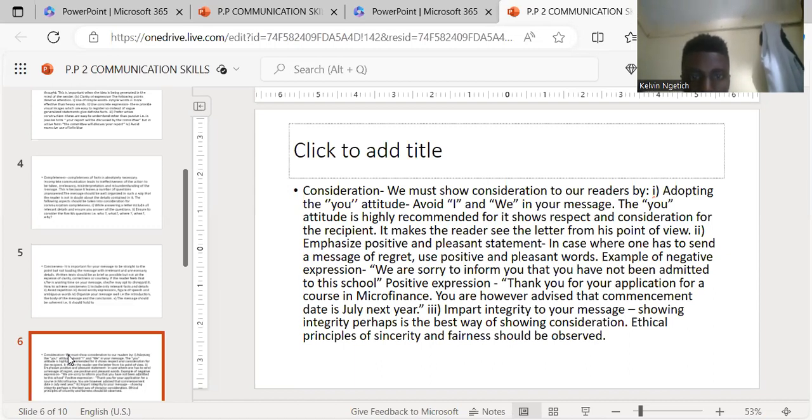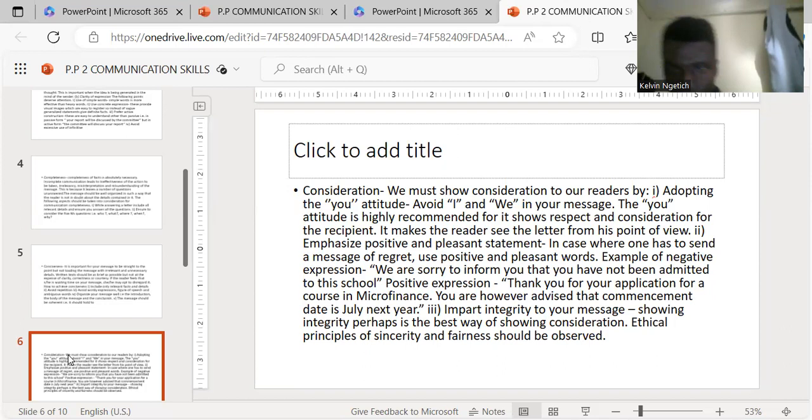Number two, emphasize positive and pleasant statements. In cases where one has to send a message of regret, use positive and pleasant words. For instance, the negative expression: "We are sorry to inform you that you have not been admitted to this school."